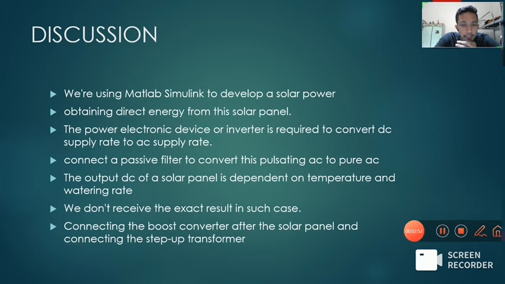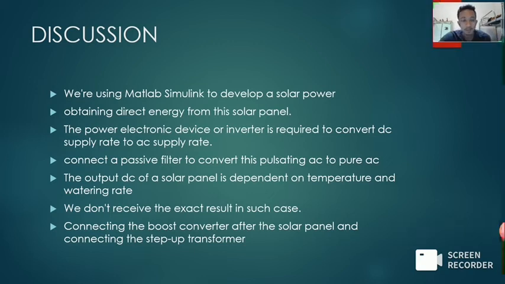We don't receive the exact result in such cases. Okay, so to overcome the problem, we connect a boost converter after the solar panel and connect a step-up transformer. So that's all from me for the discussion. Thank you.